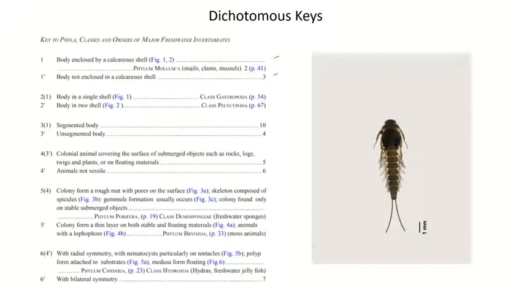Take note that most keys are artificial or practical. So most keys that you will encounter here are artificial or practical, meaning to say that the sequential groupings of the key do not intentionally reflect natural groups. So it's not really based on cladistics.